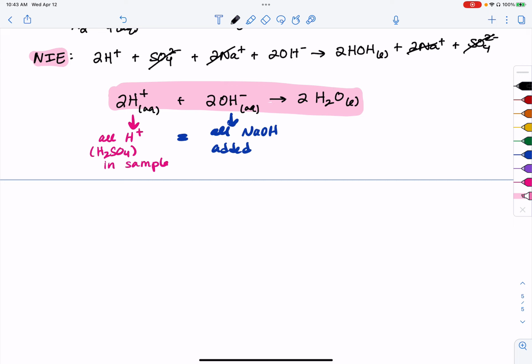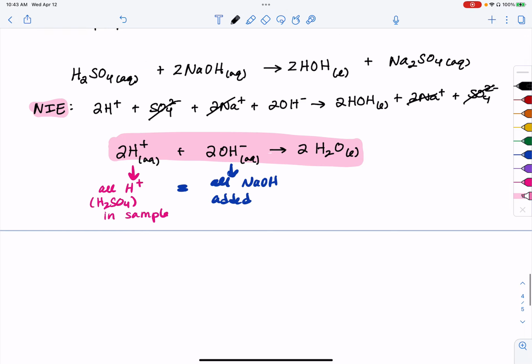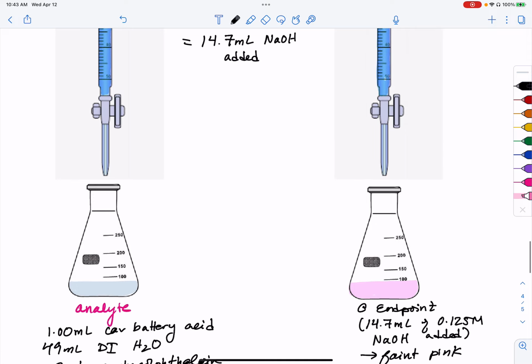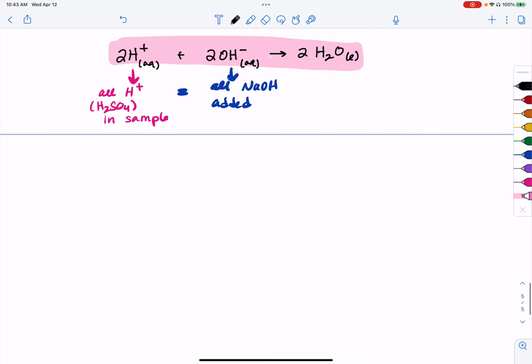So let's try to figure out the amount of sodium hydroxide added. So I know the volume of sodium hydroxide added, that was 14.7 milliliters. And I'm trying to get mole quantities here because, again, when I get my balanced chemical equations, I am looking at mole ratios, stoichiometry, mole counting.